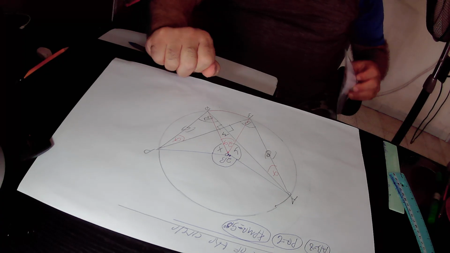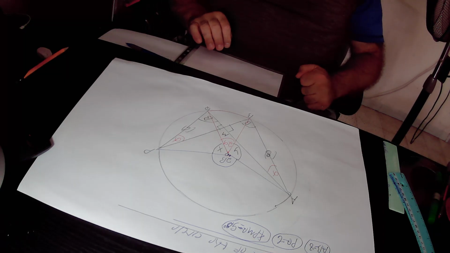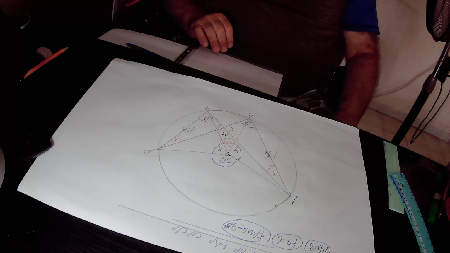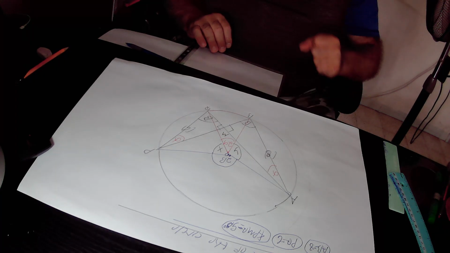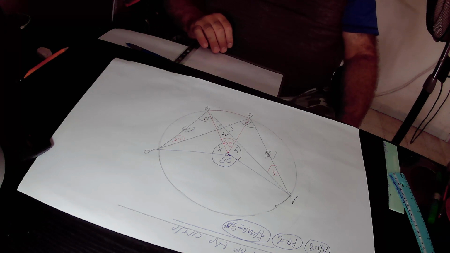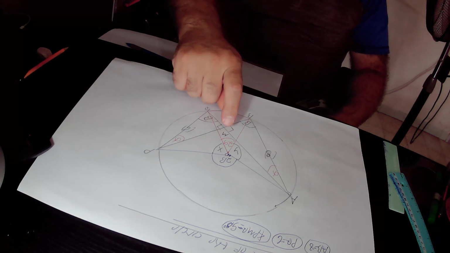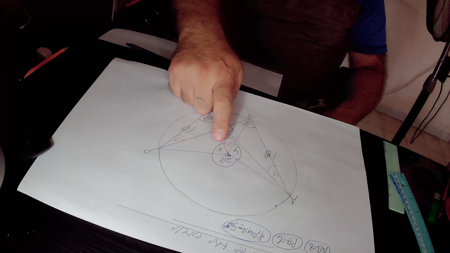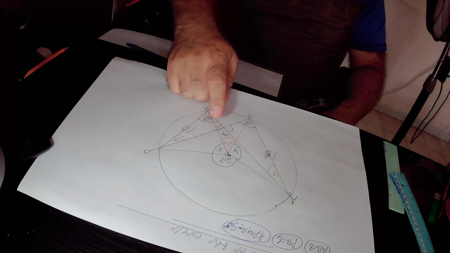In the next step, I will explain to you what a central angle is. A central angle is an angle in a circle whose vertex is at the center. The vertex of the central angle is here at the center, and it has two sides that are the radii of the circle.